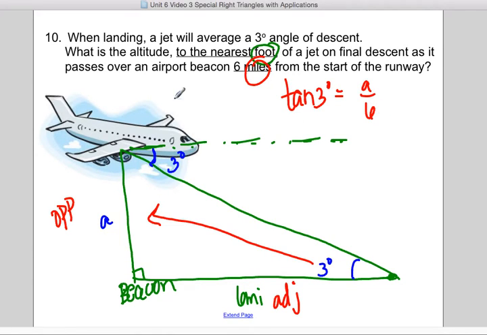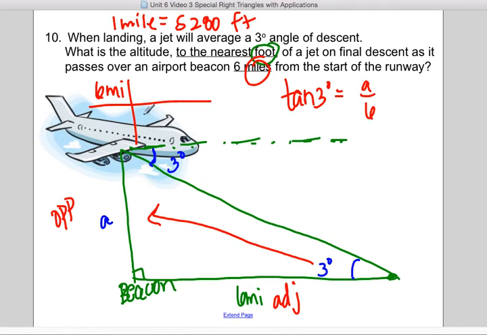Maybe let's do that. So we need to remember that 1 mile equals 5,280 feet. Okay, so if we do that, we have currently 6 miles. And I know 1 mile is 5,280 feet. So these cancel. So I would take 6 times 5,280, and that means that this is 31,680 feet.